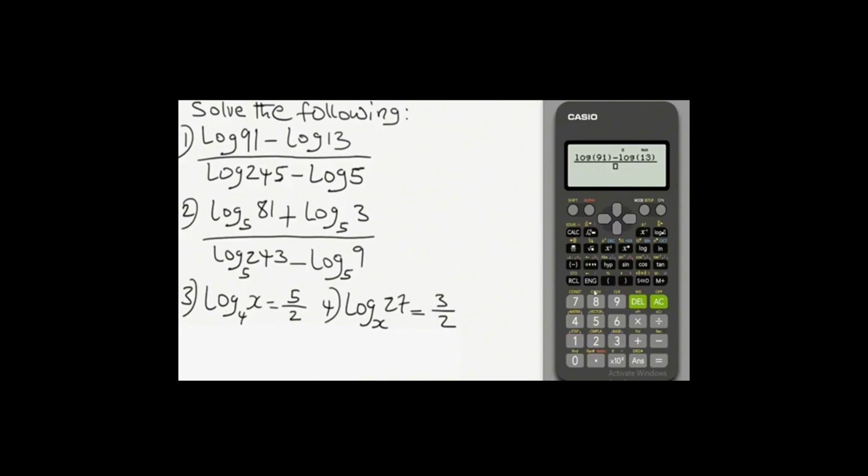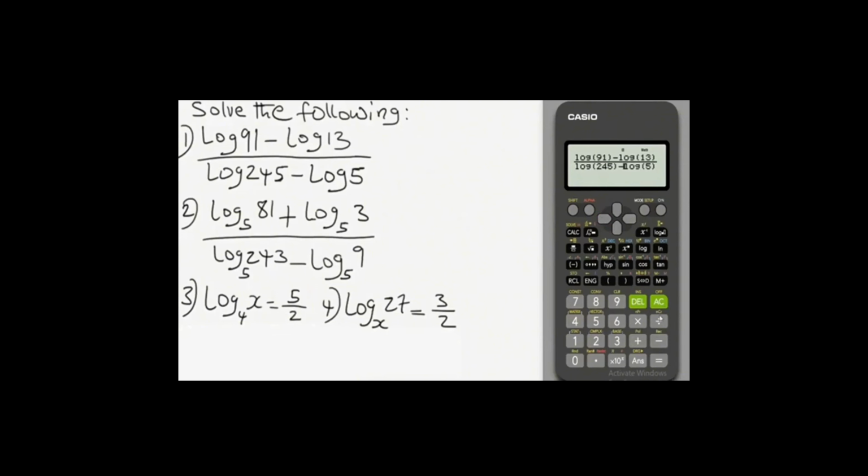Okay, so we have over log 245, alright, minus log 5. So that's it, guys. That's exactly what we have. So right now, let's press equal to and get the answer to this question.